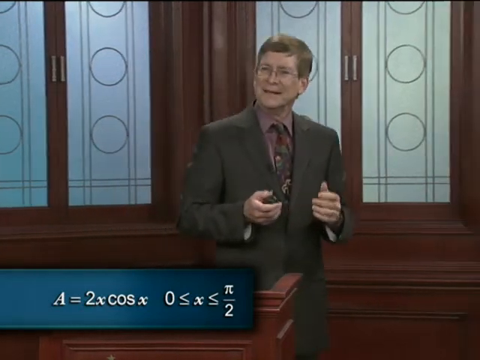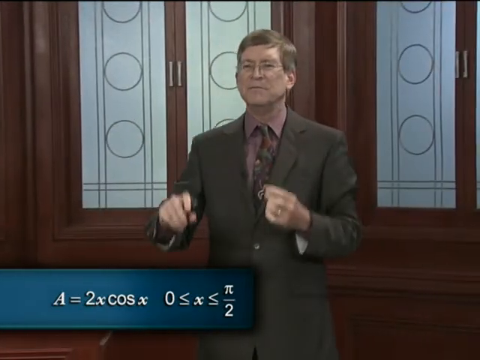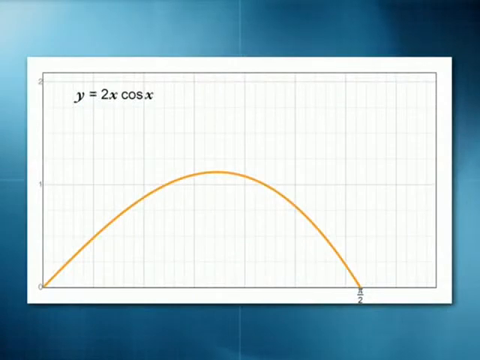All right. How do you find the maximum value? If you took a calculus course, you would do it a certain way using calculus skills. But we don't need calculus. Graph this function on your graphing calculator. Here's a picture of it. That's a picture of 2x cosine x on the interval 0 to pi over 2. Notice that at 0 and at pi over 2, the graph is 0.